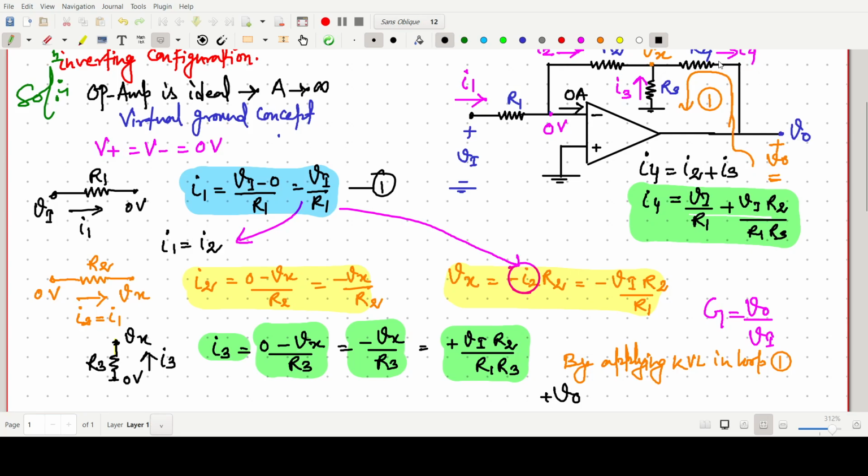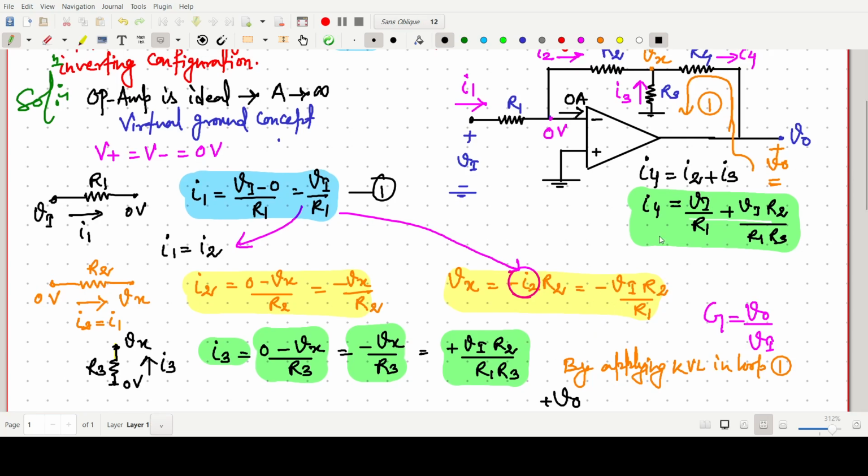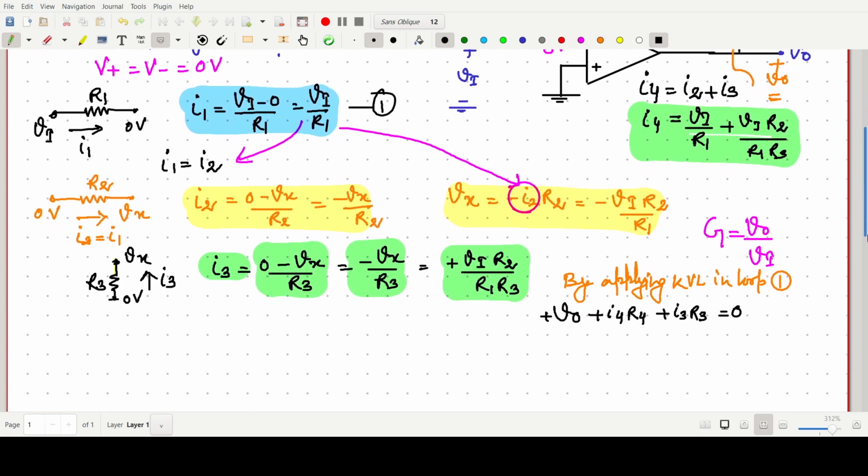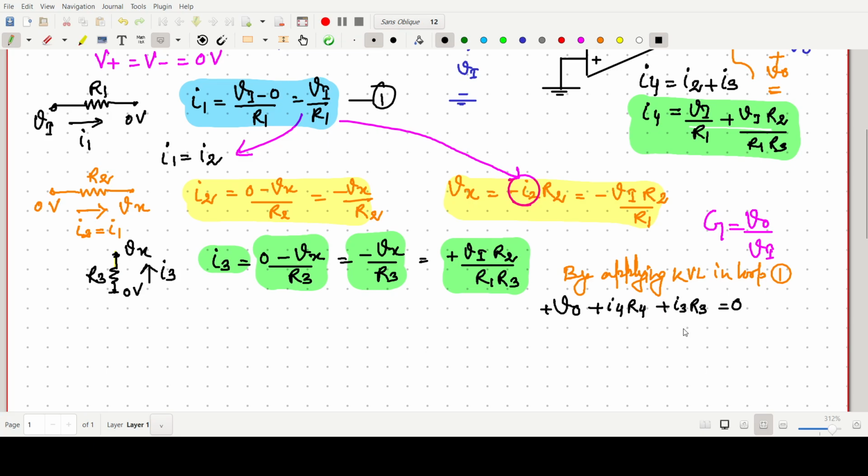The current direction is like this, and we are moving opposite to the current, so we can write plus I4 R4 plus I3 R3. You can write as per your need, whatever convention is convenient. So plus V naught, I4 R4, plus I3 R3.